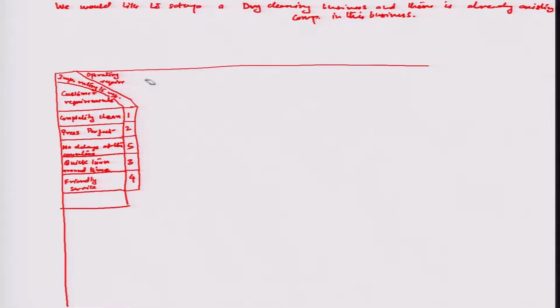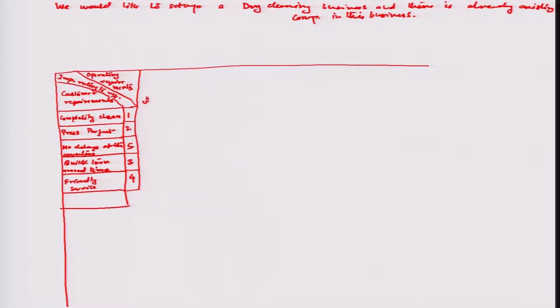So let's look at some of these operating requirements for the dry cleaning business. If I were to look at some of these requirements related particularly to dry cleaning, one of the basic requirements for the whole process to be proper, whether it is a completely clean set of clothes or a perfectly pressed set of clothes, is good training.